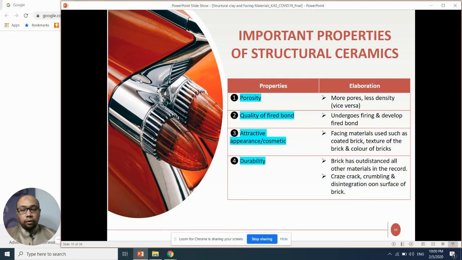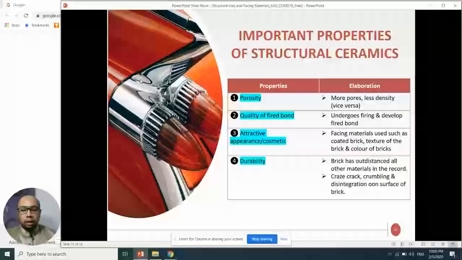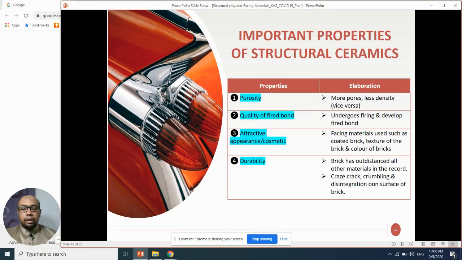And number 3 is, of course, when we talk about structural ceramics products, especially for conventional ceramic product applications, something like decorative vase, teapot and so on, the appearance must be attractive and cosmetically good. Okay, if you look at the plates we eat from that are expensive, like Noritake, Coral, most of them are expensive, and then the decoration is very fantastic.